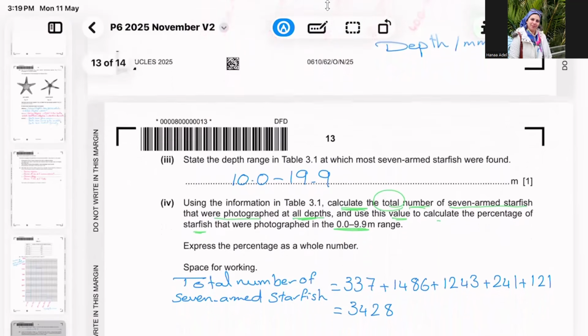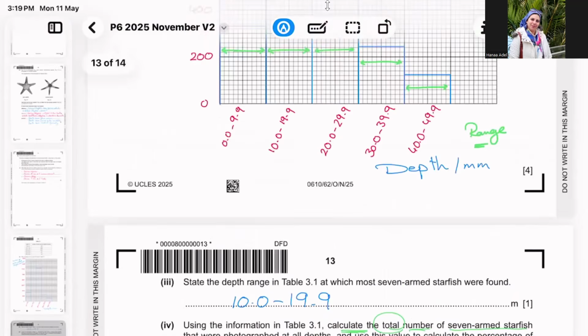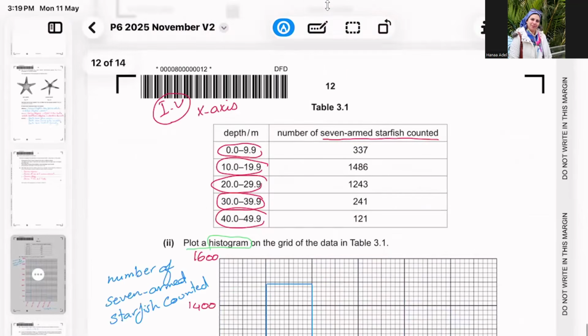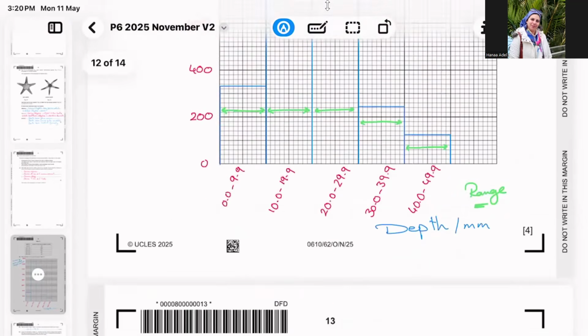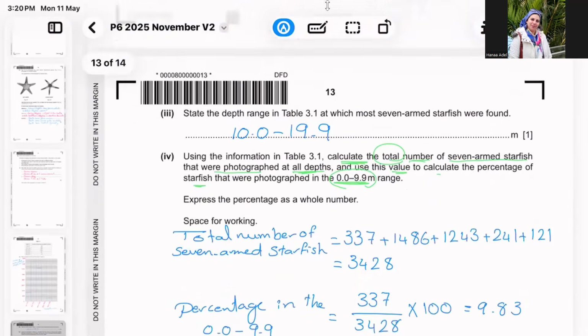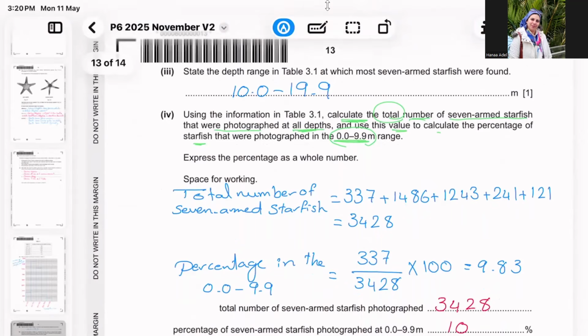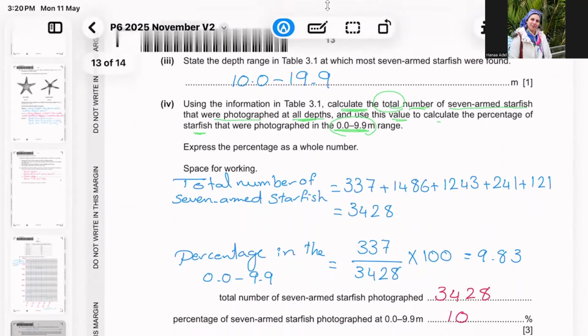And then how can we get the percentage? The value from 0 to 9.9 is 337, divided by the total, multiplied by 100. It gives us 9.83, which to the nearest whole number is 10.